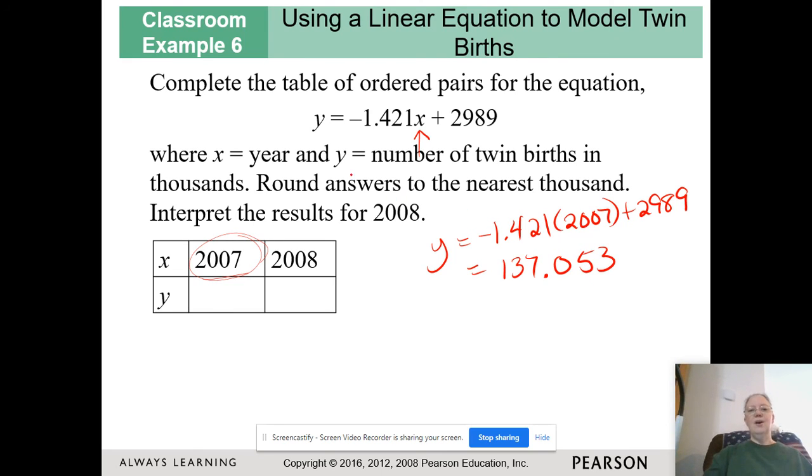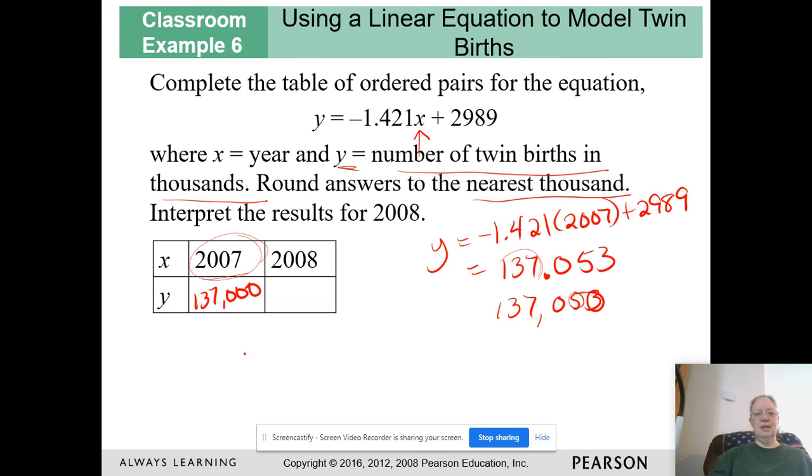Now, when it says this is the number in thousands, what that means is it's 137,053. But it also said round to the nearest thousand. So we are going to have 137,000.